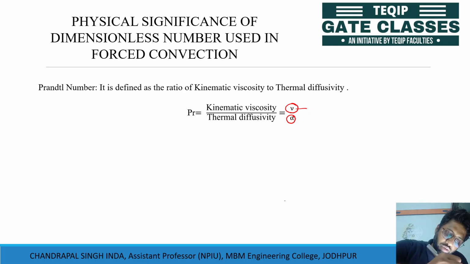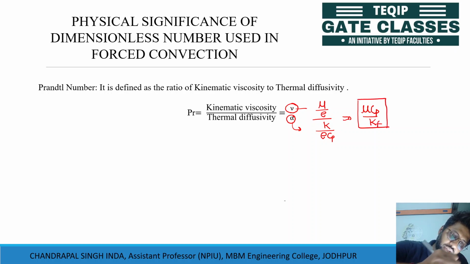So nu can be written as mu by rho, and alpha can be written as k by rho Cp. So we will have mu Cp by k, where k is the thermal conductivity of the fluid. Now the kinematic viscosity represents the rate at which momentum diffusion occurs between the fluid layers in the direction normal to the surface.